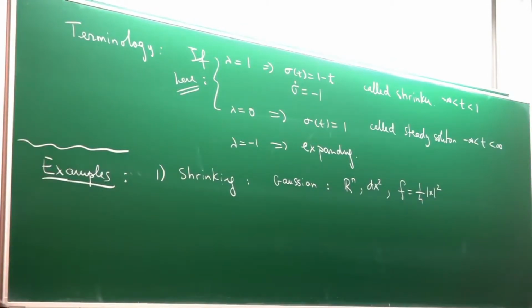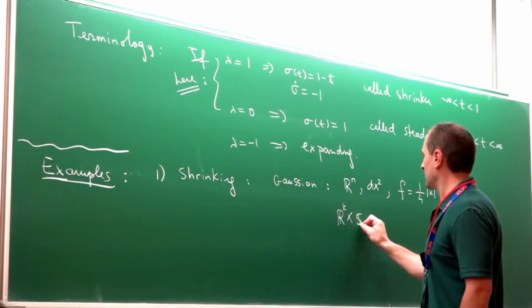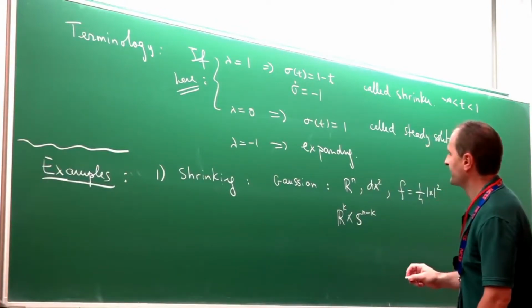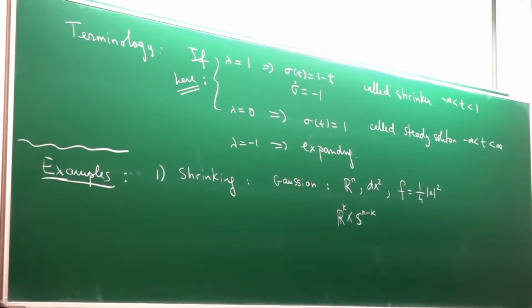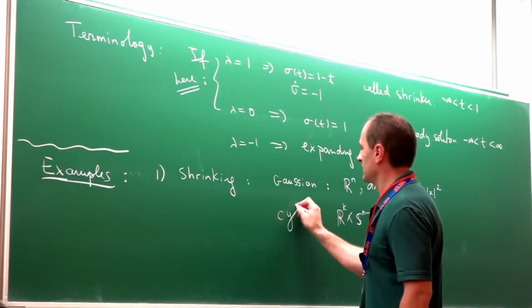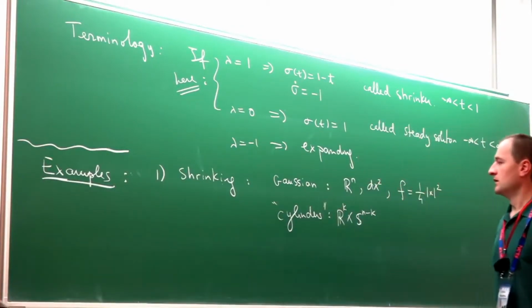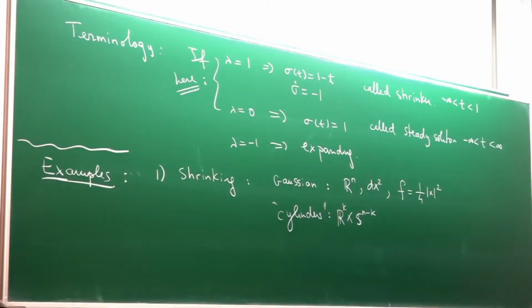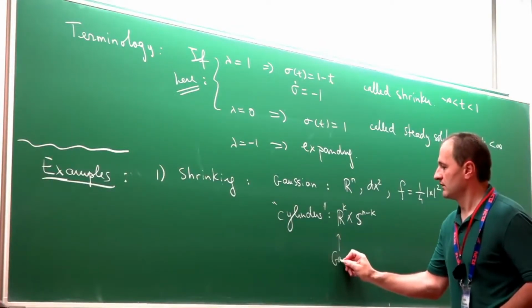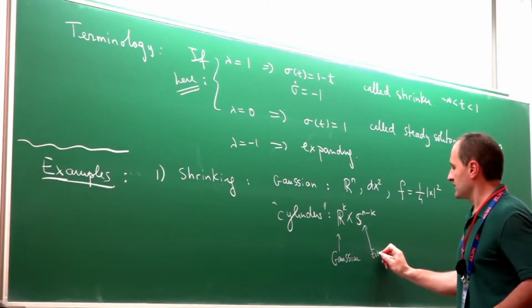So this itself is not important because it's flat, but its product, the so-called cylinders, these are important. So here I'm viewing this one as the Gaussian, and this I'm viewing as Einstein.